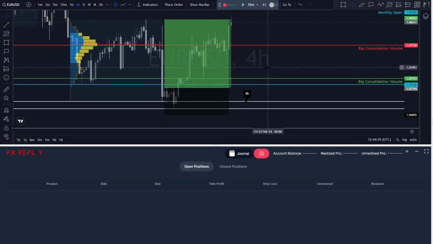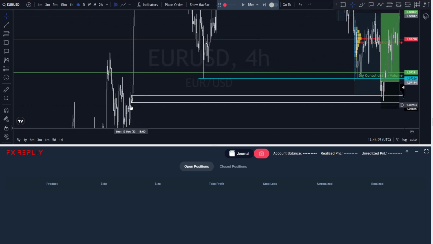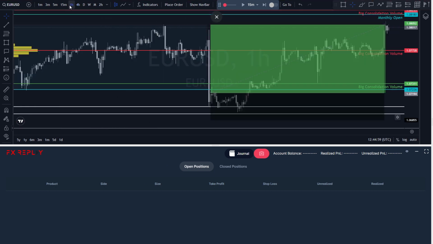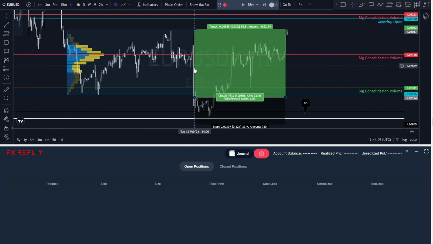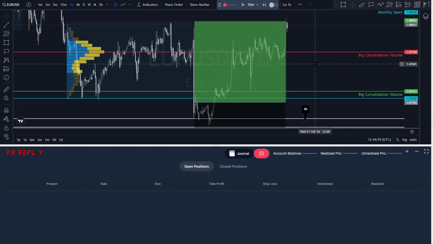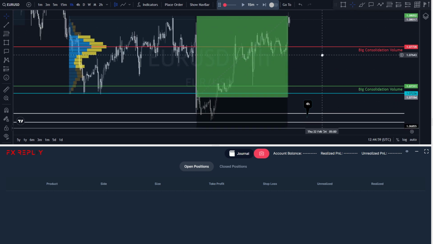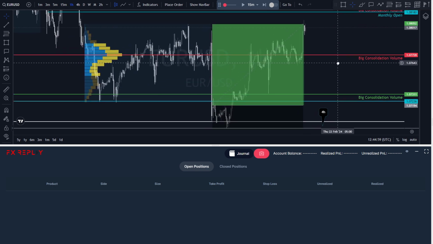First trade was a win, and the reasons why I entered were this 4-hour order block that you can see right here, then this consolidation and impulsively moved away from it. It really looked like an AMD cycle to me right here.